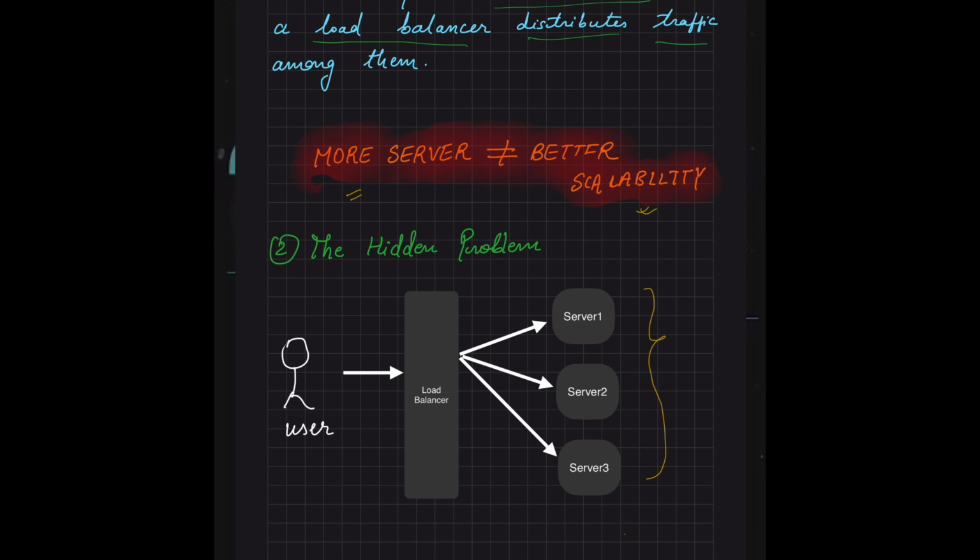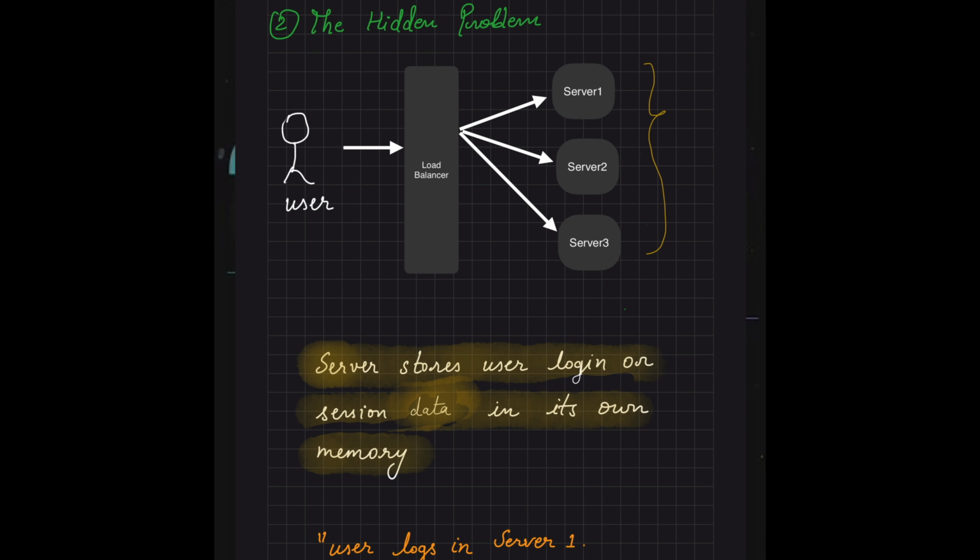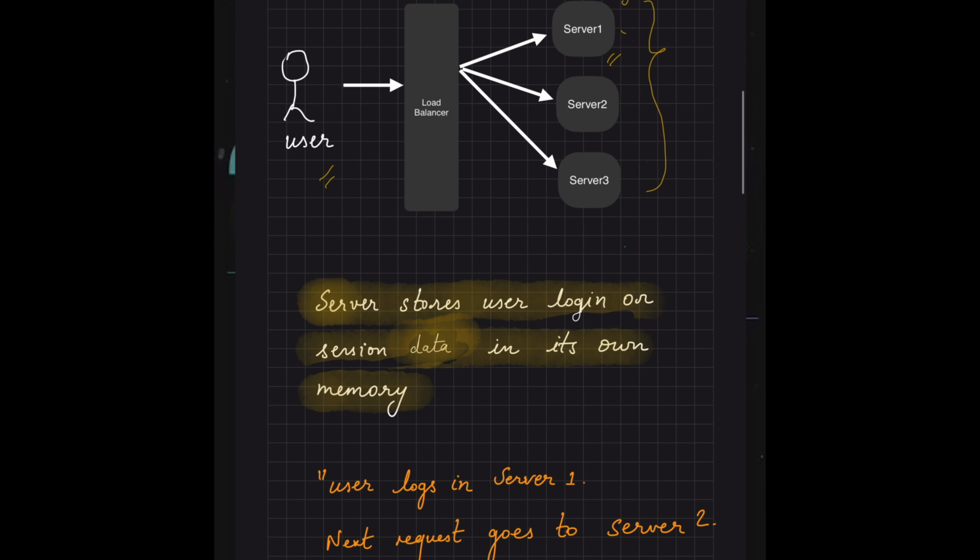Whenever a user is interacting, the user has some data like login data and session data. All these details get stored in the server the user is interacting with. So user information is stored locally inside the server. Server 2 doesn't have any idea about the user's information that is there in server 1. Let's say one time the user made a request to server 1, and it did some processing.